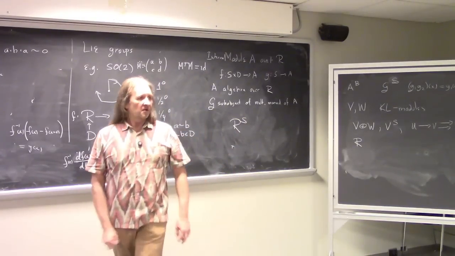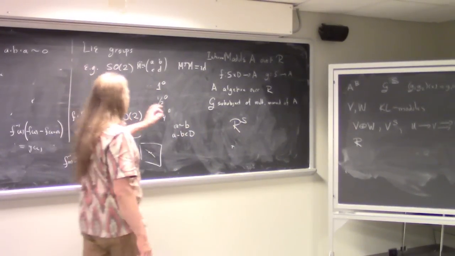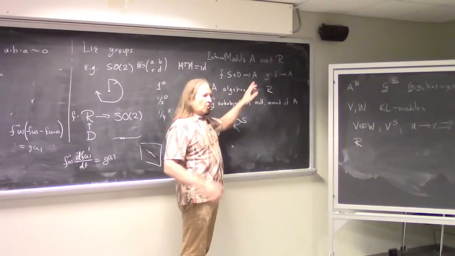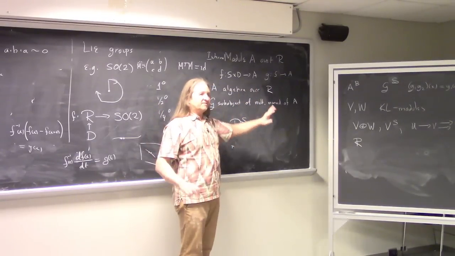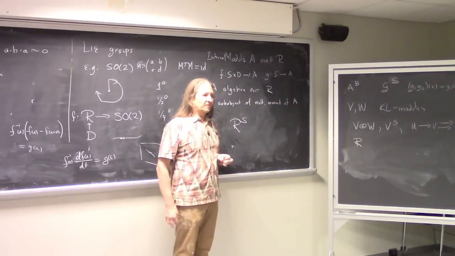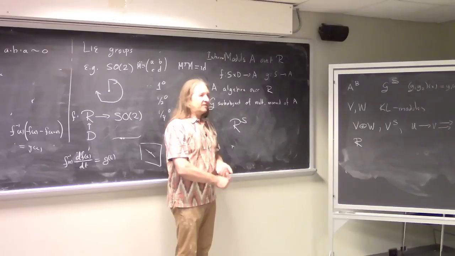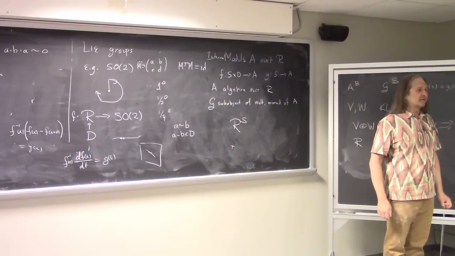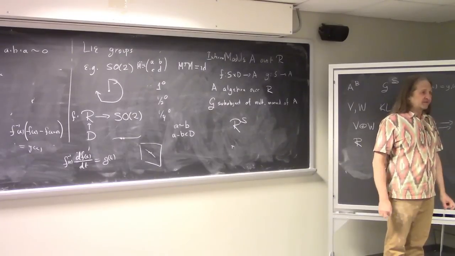So the point is, if I take any algebra that happens to have this nice property, the subgroup of units of it behaves like a Lie group, and any subgroup of it and other groups I construct from it will still behave like Lie groups. That's maybe the better way of saying it.